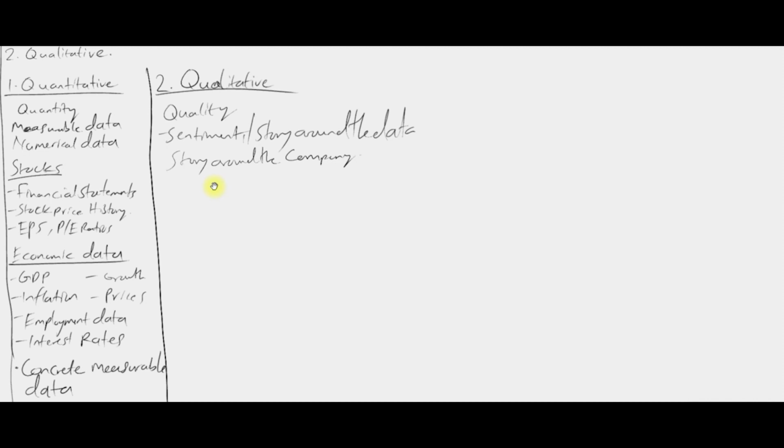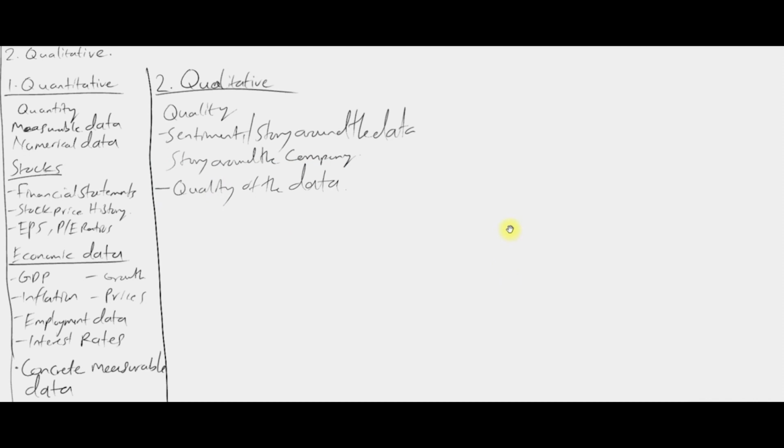This is where we look at the quality of the data. This qualitative analysis is what affects price action in the short term to a very large extent. There are two main emotions at play in the market, fear and greed.